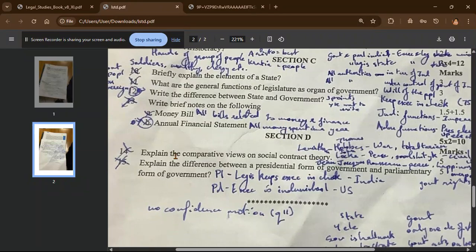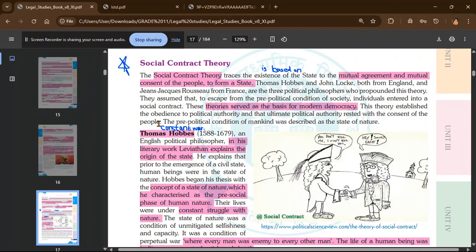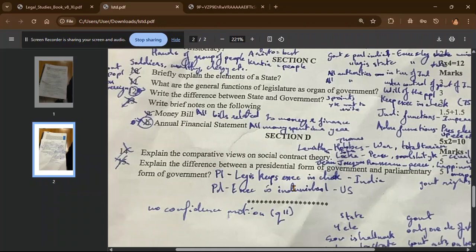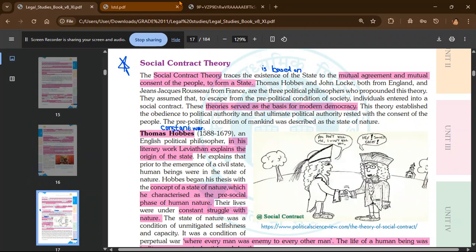Look, the question is: explain the comparative view on social contract theory. So you will write all three philosophers and their point of view on the social contract theory. It usually comes as a 5 marker in your paper, so keep that in mind.